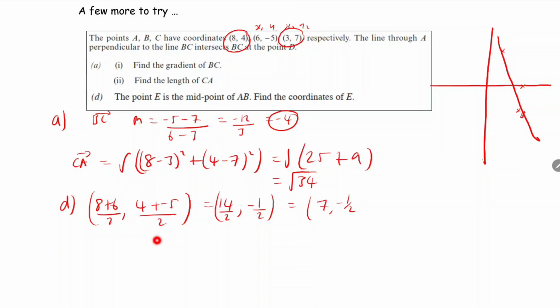So this is the midpoint of AB. So where's point A? This is our point B here. Point A was 8, 4. And our midpoint was 7, minus a half, which is about there, and it seems about right.